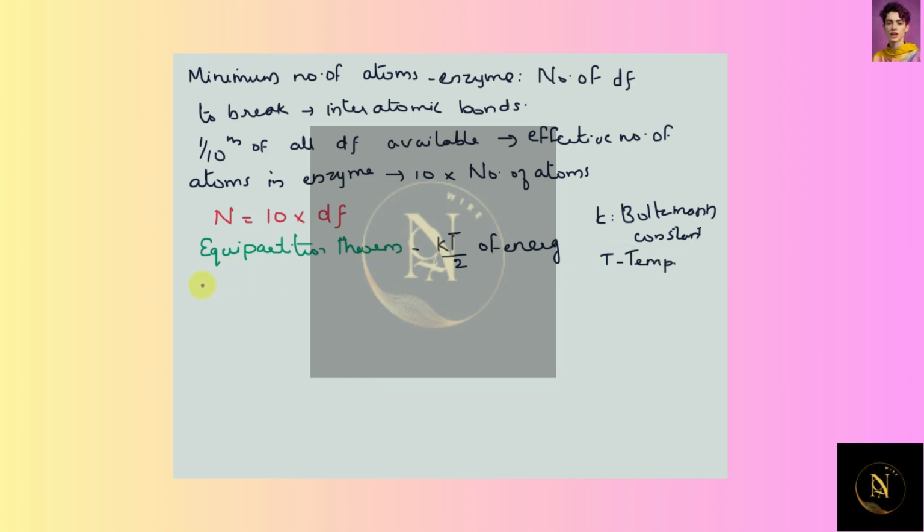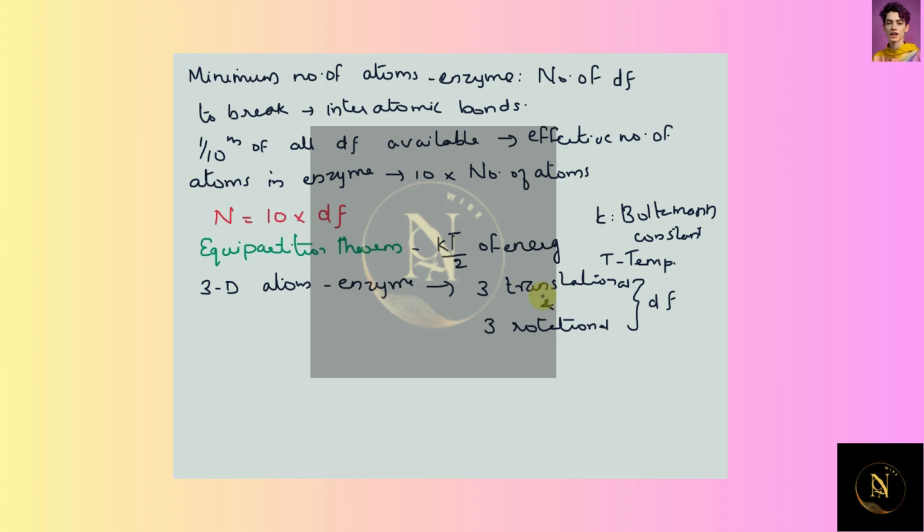For a three-dimensional atom or three-dimensional enzyme, each atom has 3 translational and 3 rotational degrees of freedom, as well as vibrational degrees of freedom that depend on the molecular structure.